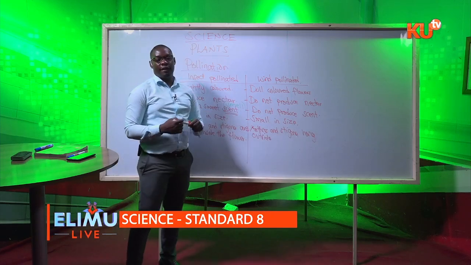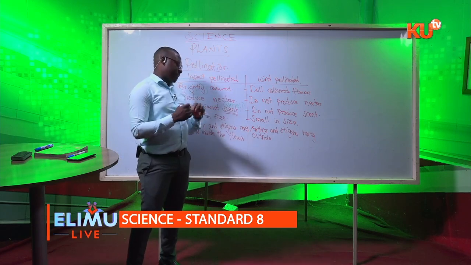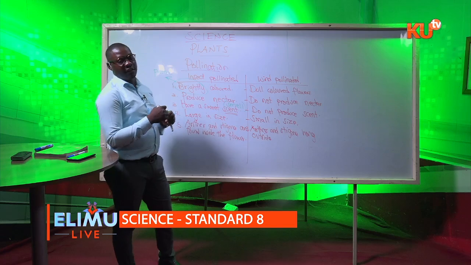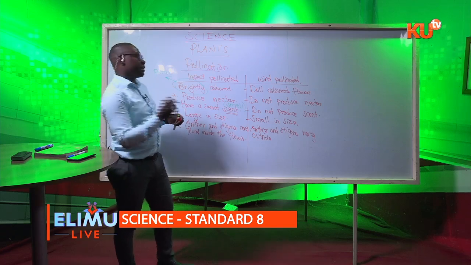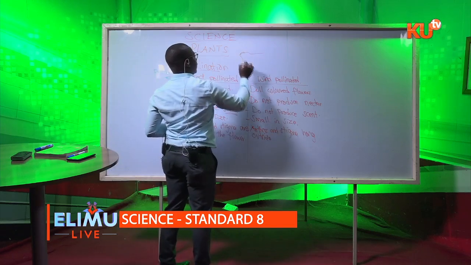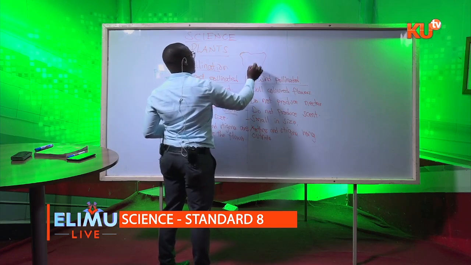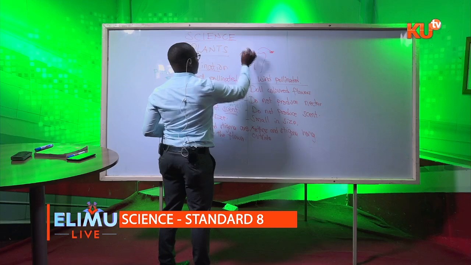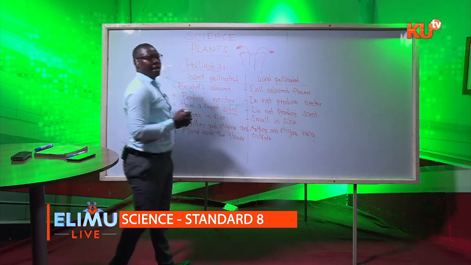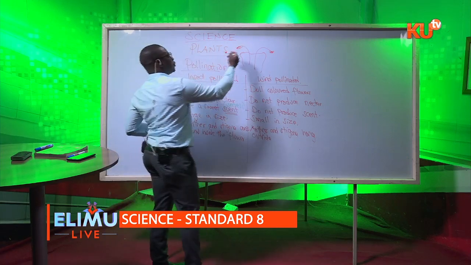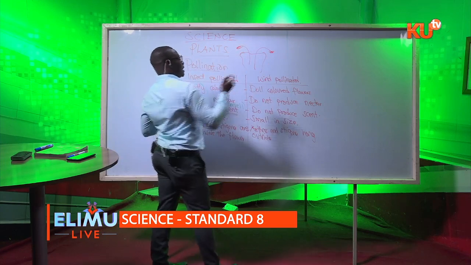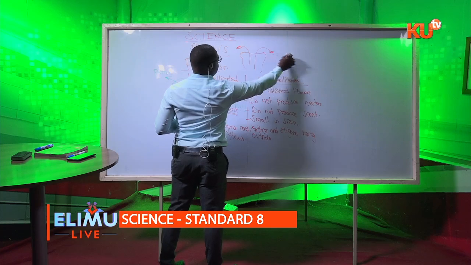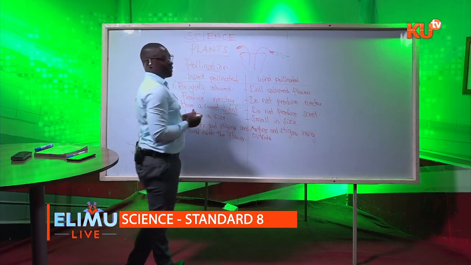For wind pollinated flowers, if the anthers are inside the flower and the wind is blowing, they would not be reached. The anthers need to hang outside, because as the wind is blowing, it will blow away the pollen grains and they will move together with the wind.